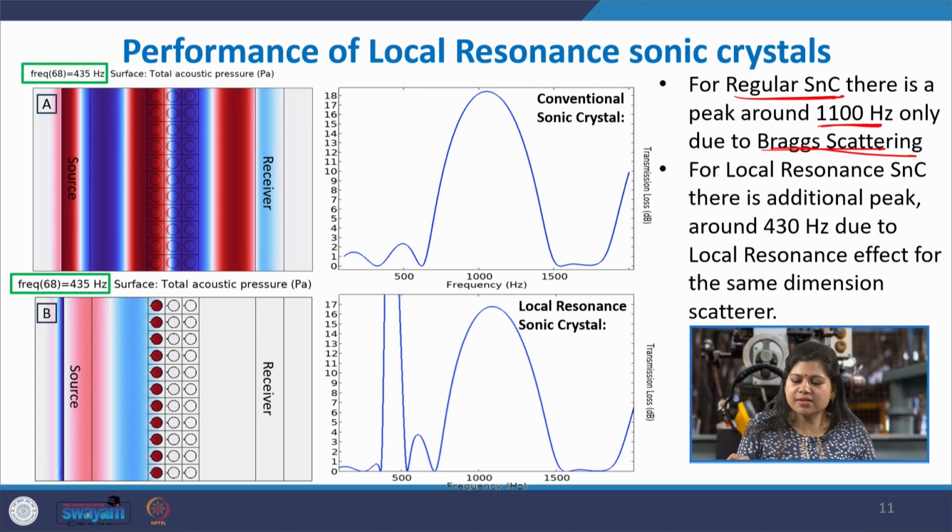Whereas in the second structure, we have changed the scatterer and now it is not solid, but has a hollow confined cavity.